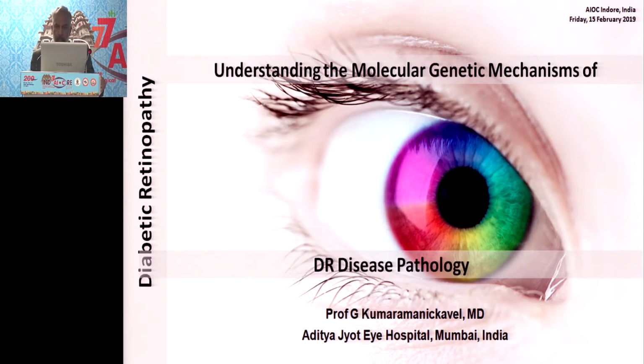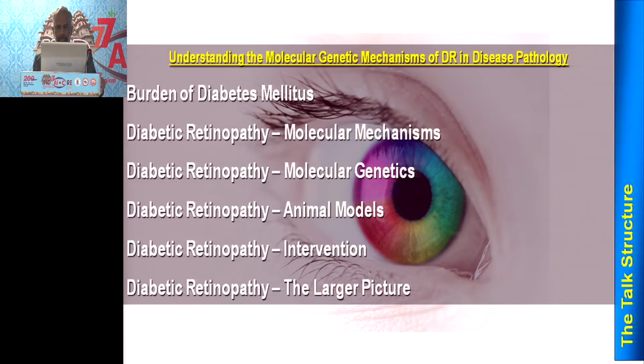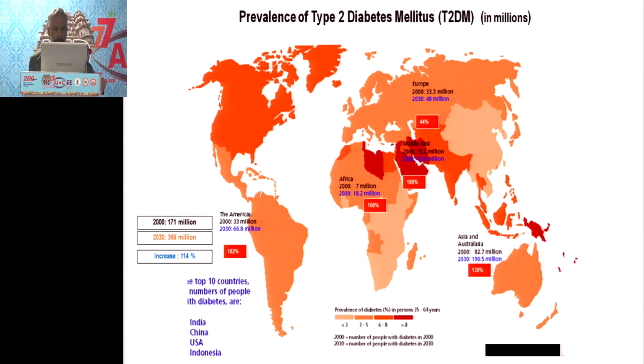So I'm going to talk about the molecular genetic mechanisms and how diabetic retinopathy per se happens in the retina. It's a complicated talk for a clinical audience, so I'll keep it as lay as possible. The structure of my talk is this way. I'll initially talk about the burden, which already has been explained, and then I'll go through the rest of my talk in this pattern.